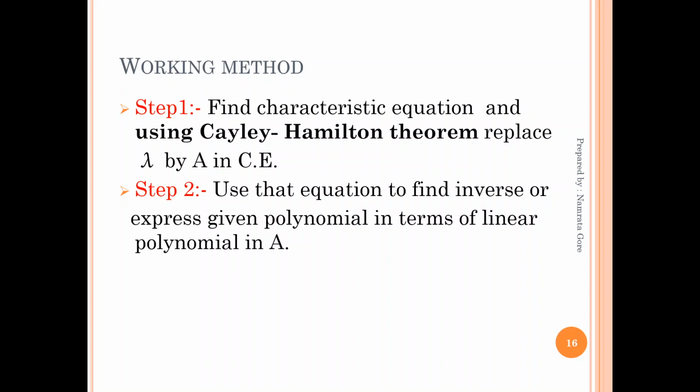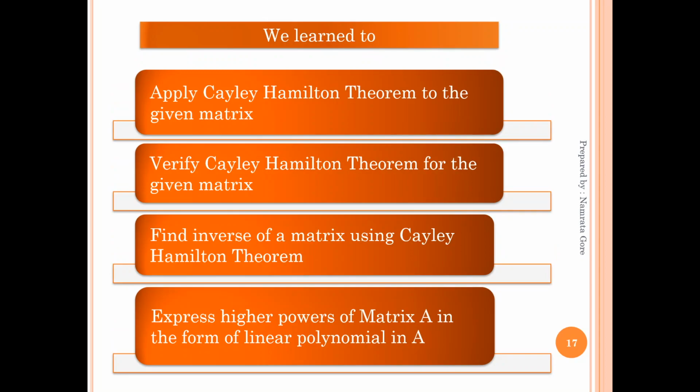In that characteristic equation we replace lambda by A. Then we use that characteristic equation in the form of A to find the inverse of the given matrix, and also we can reduce the higher polynomials into linear polynomials of A. So in this video we have learned to apply the Cayley-Hamilton theorem to the given matrix, verify the Cayley-Hamilton theorem for the given matrix, find the inverse of the matrix using the Cayley-Hamilton theorem, and express higher powers of matrix A in the form of a linear polynomial in A.